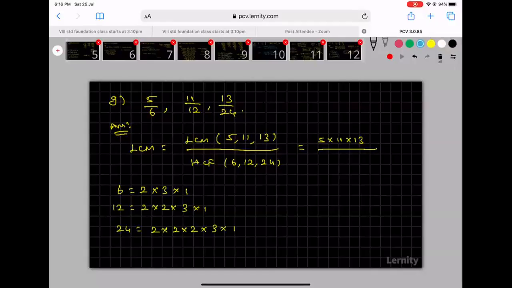The common factors are 2 and 3, so my value is 2 into 3. Therefore the multiplication is 715 divided by 6. This is my LCM.